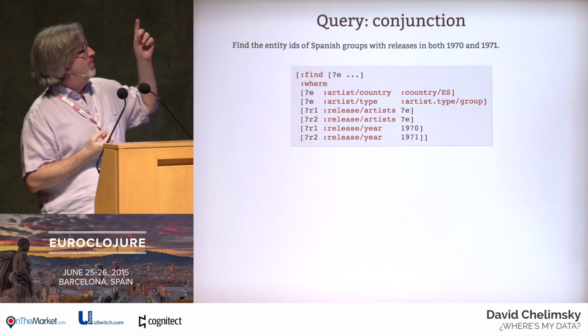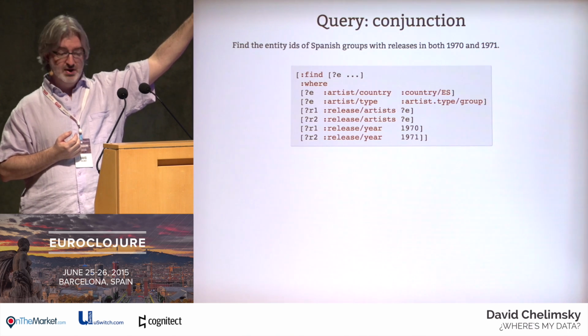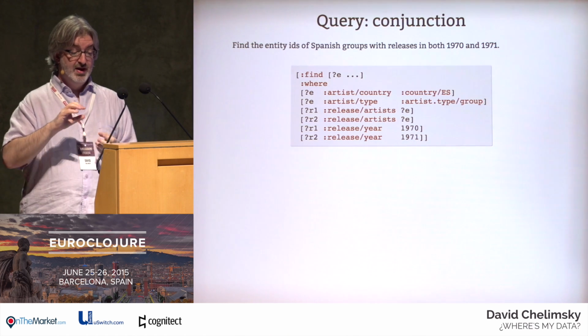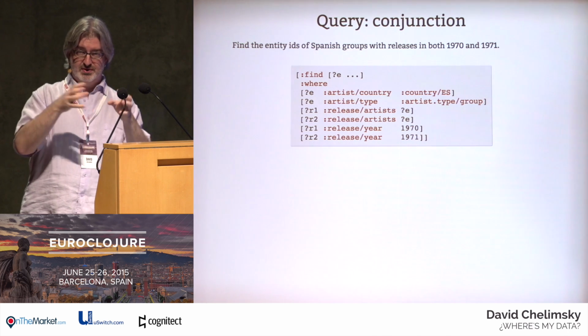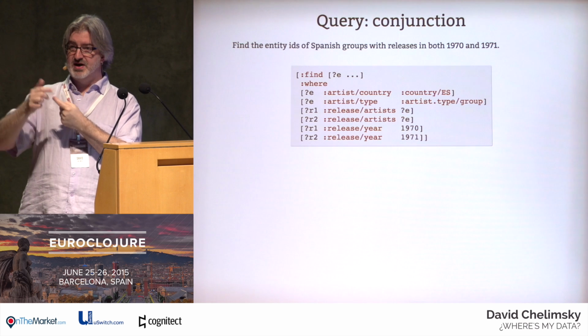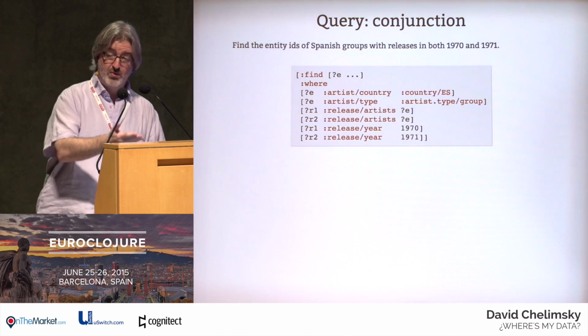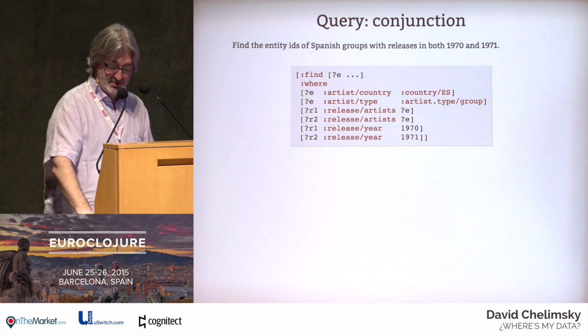And you can see we've got R1 and R2, and you can see how those get narrowed down to 1970 and 1971. And as we constrain the possible values for those variables, we're also constraining the possible values for E at the same time, even though we're only asking for the E's in this case.